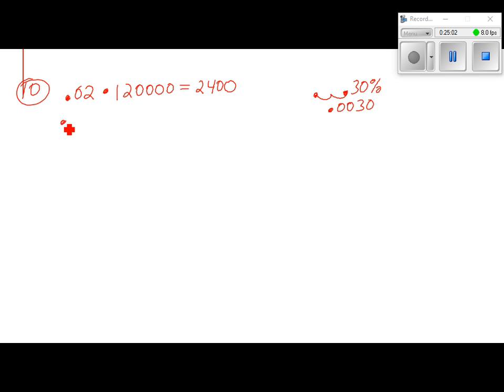So we take that number times the 120,000, and that gives us $360. And then the other one's 1.25, so that's going to come out to be 0.0125 times 120,000. And that gives us 1,500.